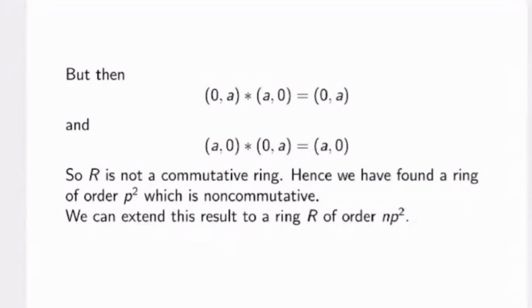But you showed that there exists a non-commutative ring of some order, in particular p square and np square. For that you defined some particular type of multiplication. So do you have other types of rings also, another type of multiplication different from this non-commutative ring? Do you have any idea? Is my question clear?